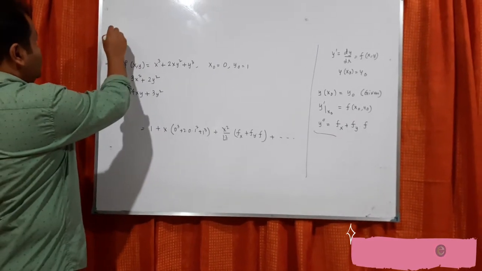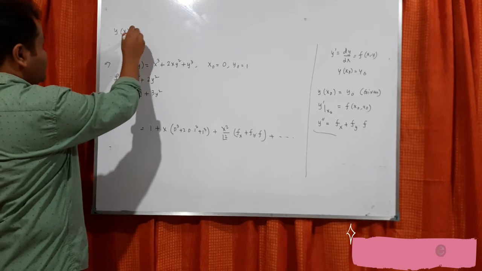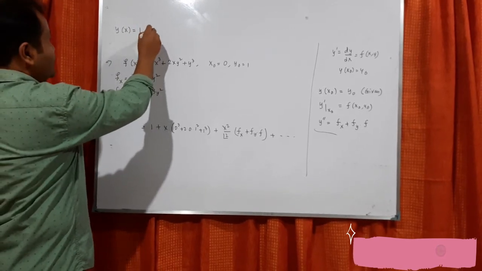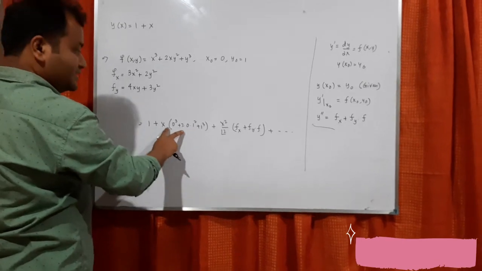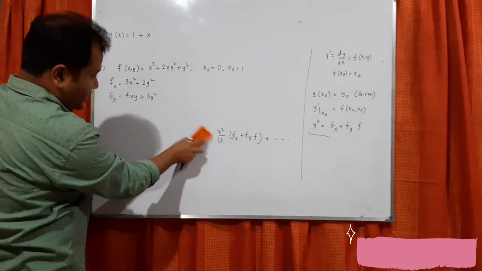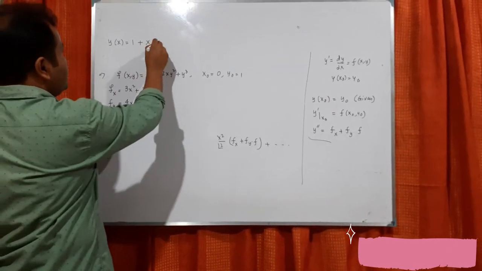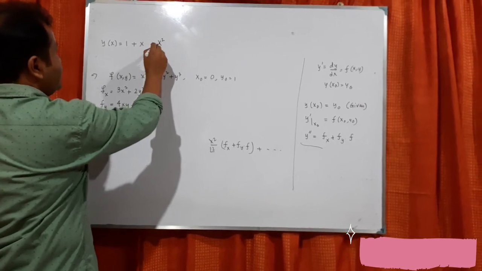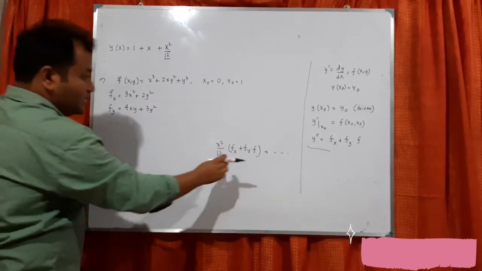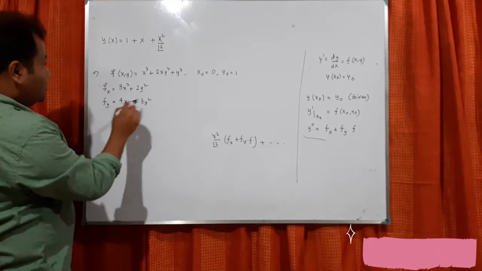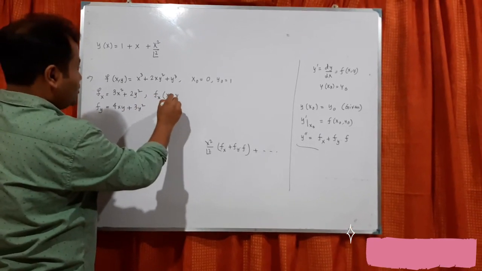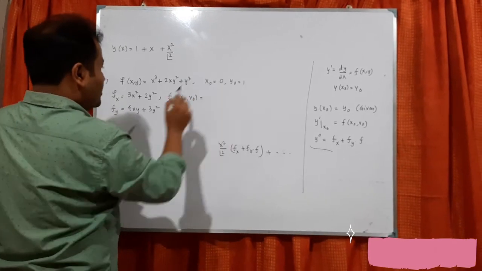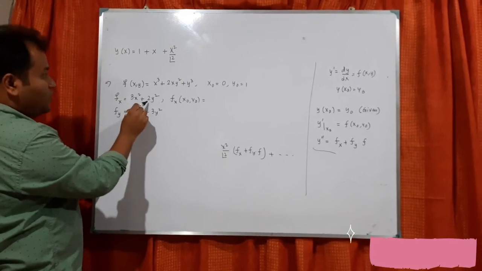So we have got the solution y of x equals 1 plus x. What is this one? This is 0, this is 0, so 1. So 1 plus x. So the first two terms we have written, plus x square by factorial 2. Now we have to calculate this one. So fx at the point x naught, y naught, that means 0 comma 1, x equals 0, y equals 1.